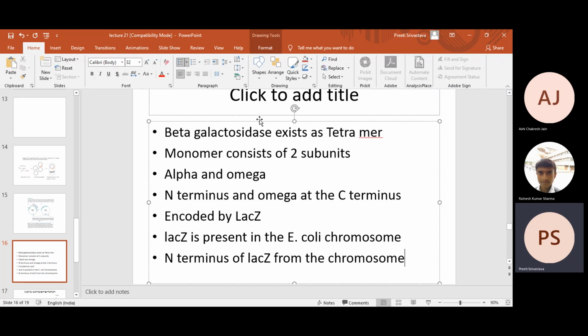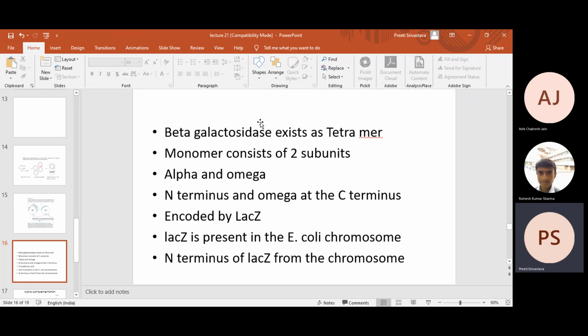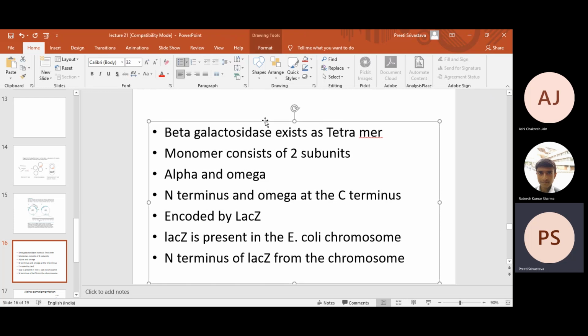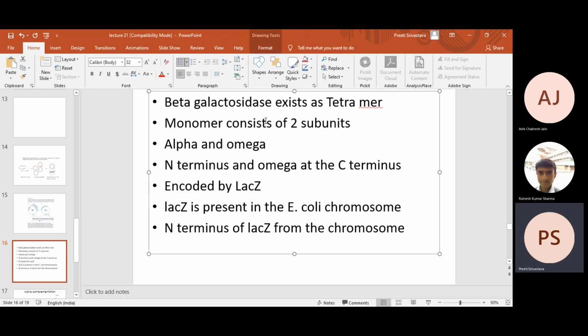Now tell me what will happen. There is so much noise outside. If the N terminus of lacZ is removed from the chromosome, then what will happen?